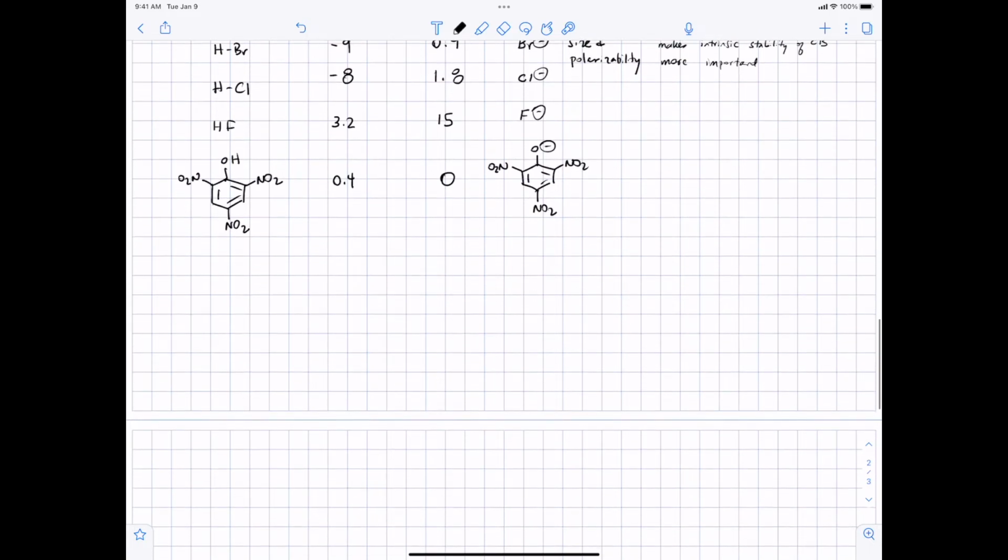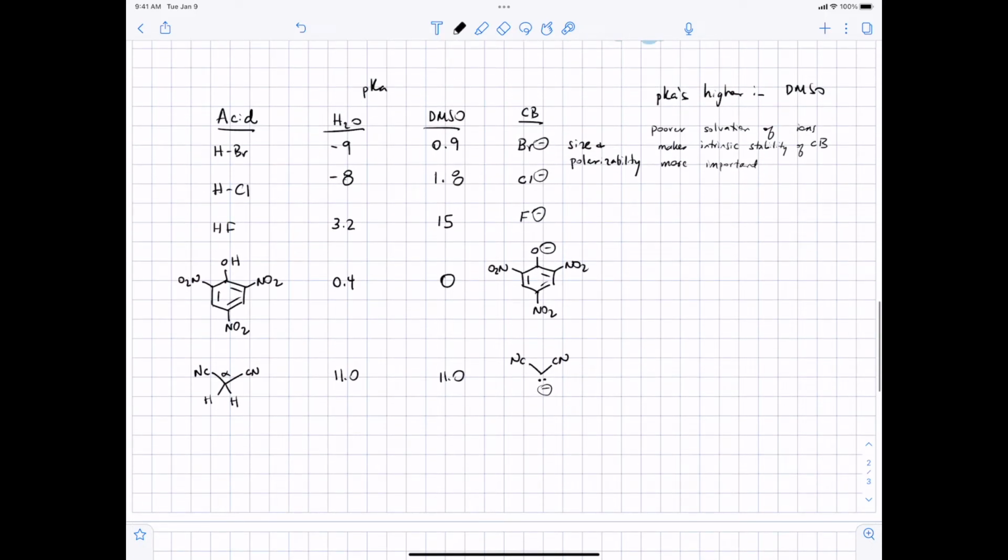Another example of this is the following beta dinitrile. These protons are alpha to 2 electron withdrawing groups, and therefore the conjugate base is resonance stabilized. The pKa's are identical in DMSO and water. So another principle, pKa's are generally higher in DMSO.